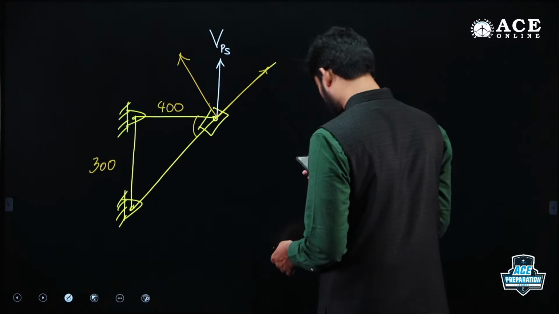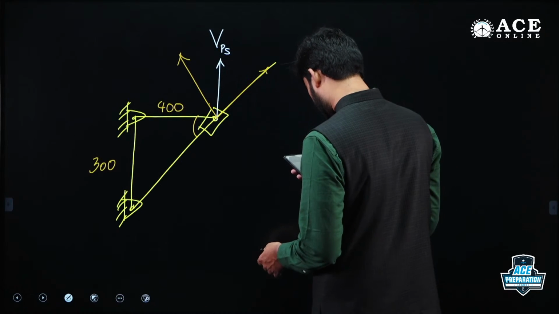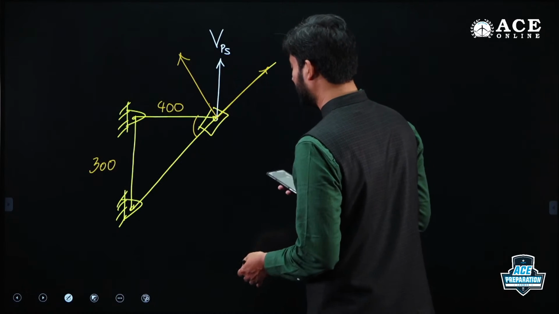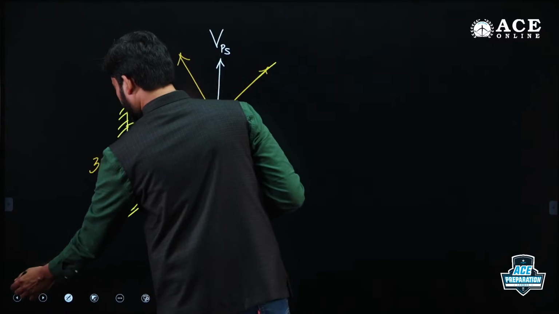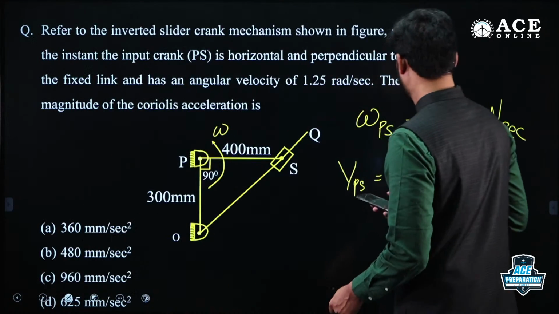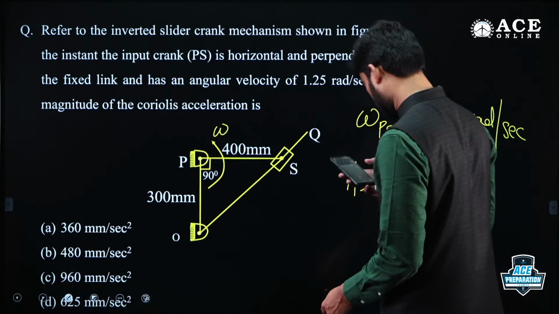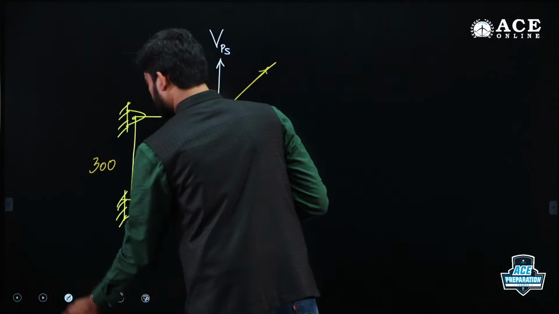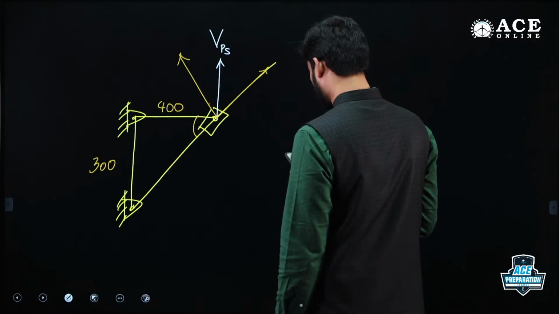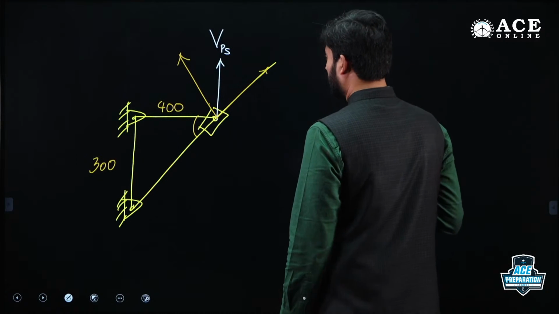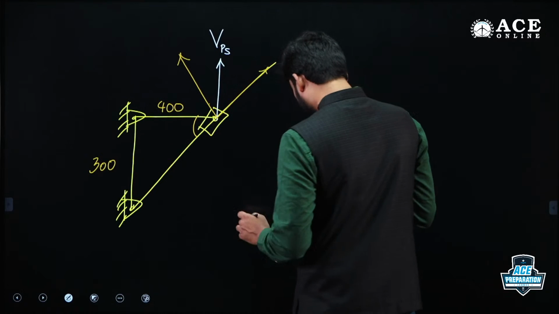300 along the bar. Priyansh, 300 along the bar means, what are you trying to say here? What will be this angle, guys?